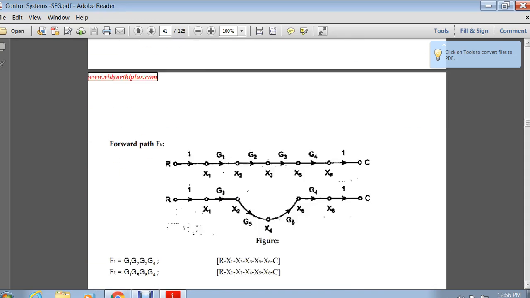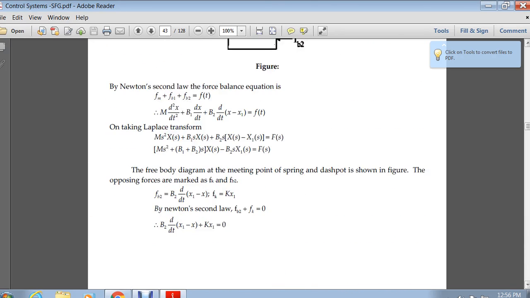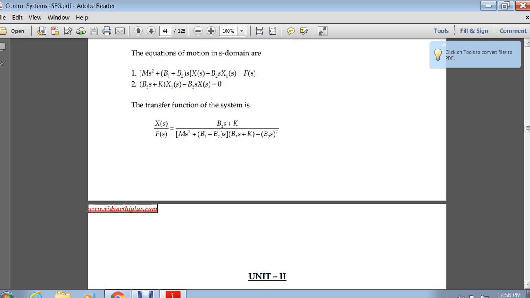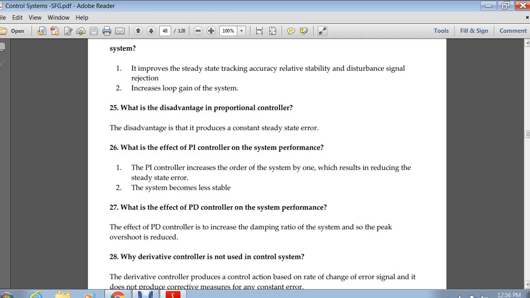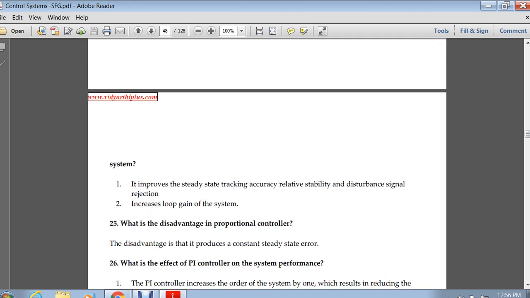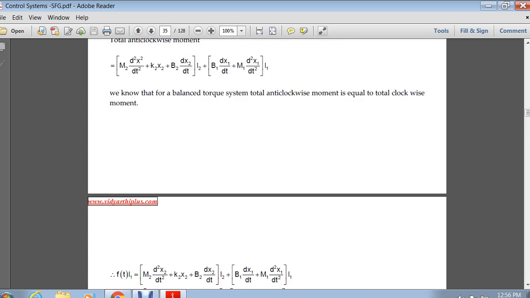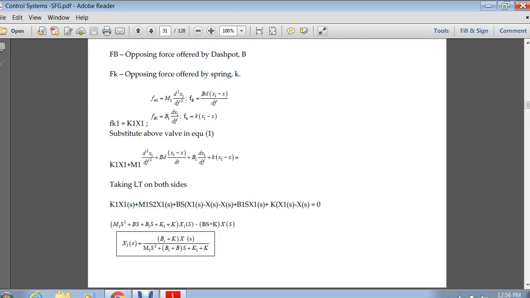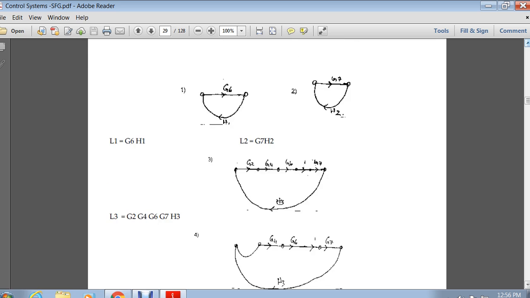Now we are going to discuss the problems on signal flow graph. In the previous topic, we discussed the basics of block diagram and concepts of the SFG. In this class, we are going to discuss SFG.